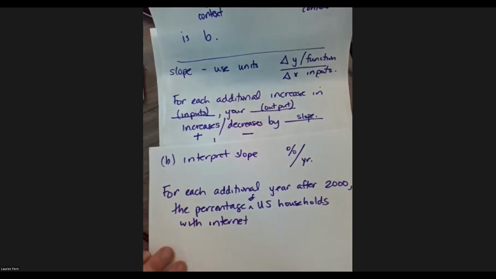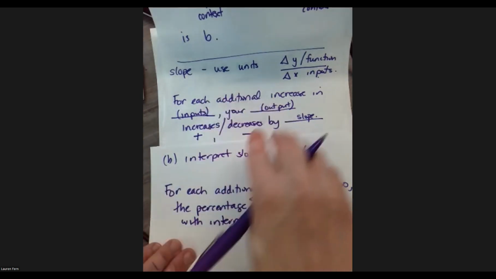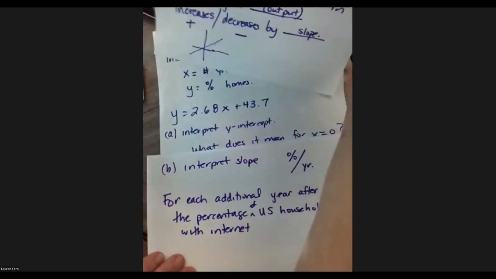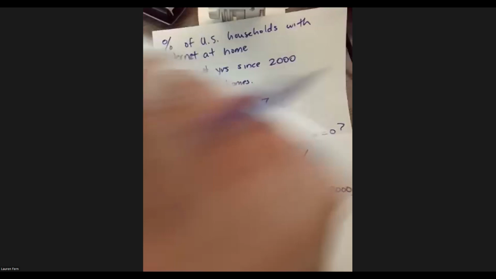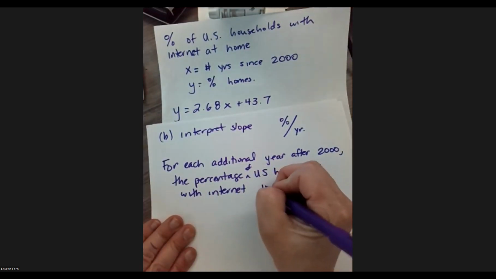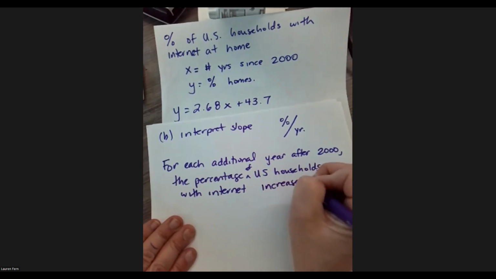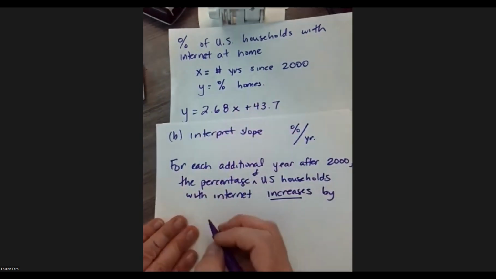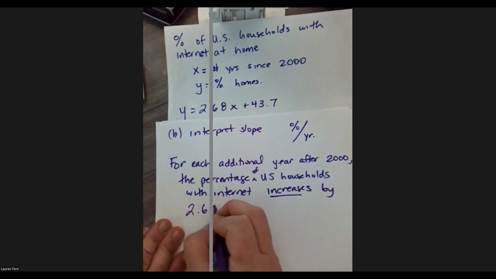Notice that's your output. Well, notice in this example, my slope is positive. So what we're going to say is the percentage increases by whatever our slope is, 2.68%.